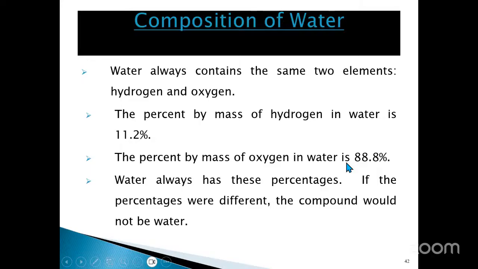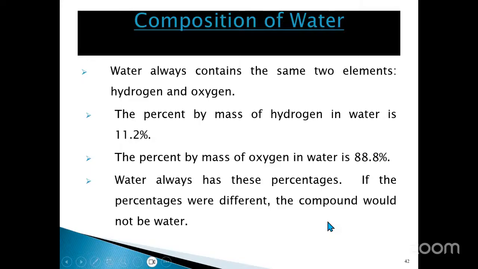And that is true for every single sample of water that you will encounter. It doesn't matter where you get it from. It doesn't matter if you get it from the tap, or from a river, or from a sea, or from rainwater. As long as it is water, that would be the composition, all right? And as stated here, if you have a compound and the percentages are different compared to what we have here, then you know that's not water, it's something else, all right?